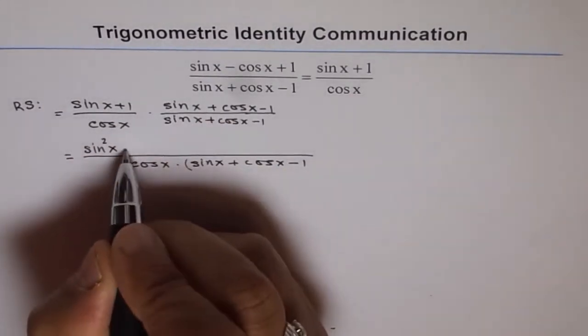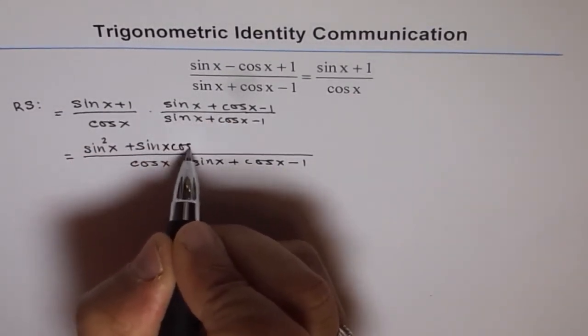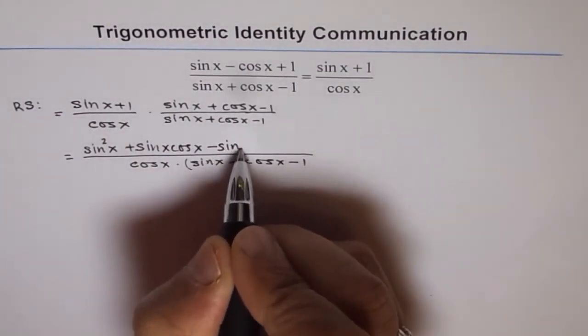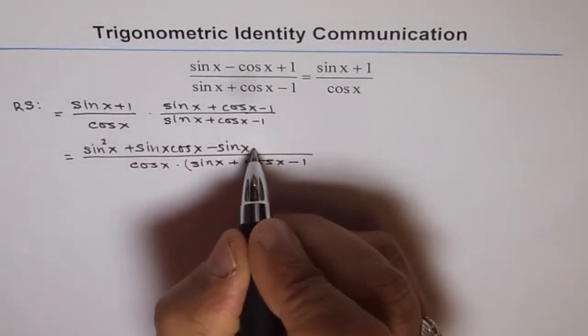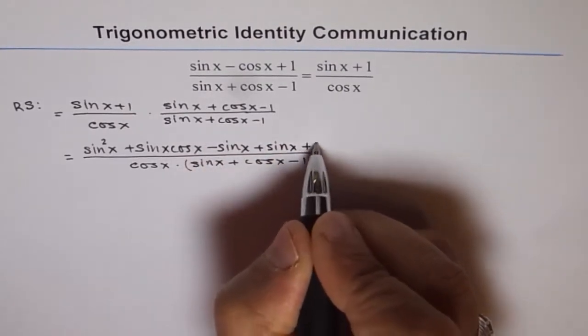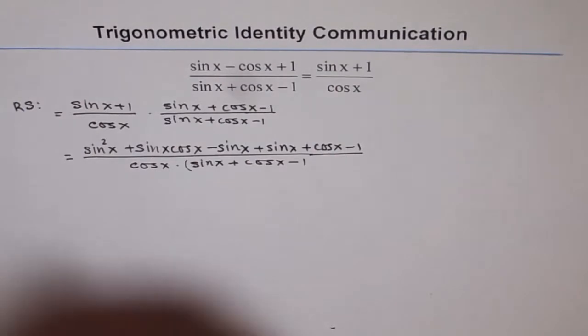Sin x times cos x is plus sin x cos x, and then minus sin x. And when I multiply by 1, I get all these 3 terms: plus sin x, plus cos x, minus 1. That's what I get.